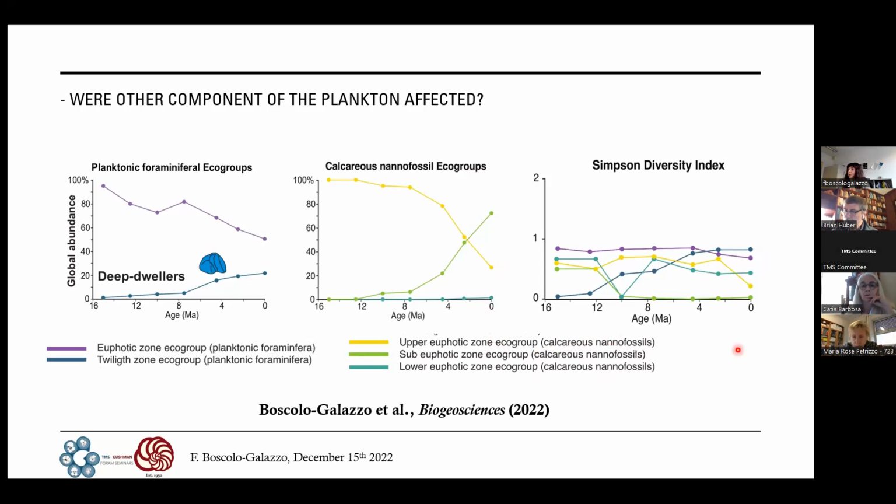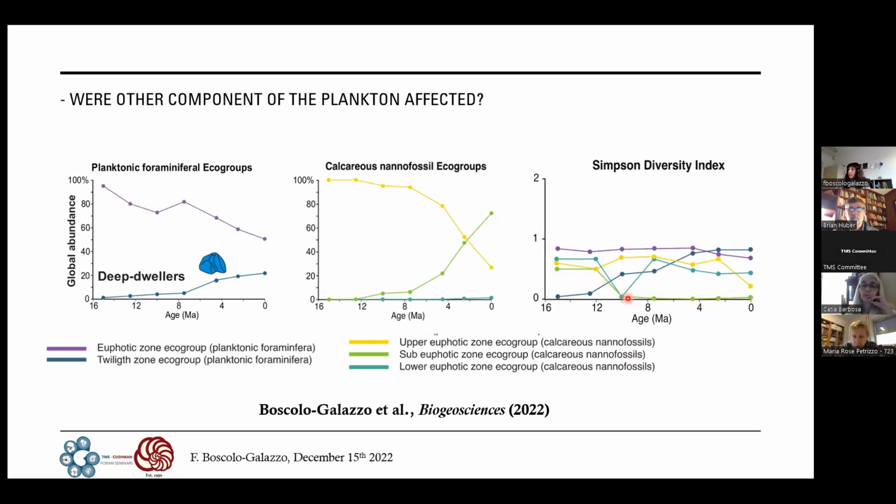In terms of diversity, I'm showing here the Simpson diversity index just as an example, but they behave pretty much all the same. The only group which shows an increase over time is the deep dwelling group in planktonic foraminifera, this bluish line here. All the other lines are pretty much flat, except again the lower euphotic zone ecogroup in calcareous nanofossils, which drops in the late Miocene and then stays pretty much flat through time.